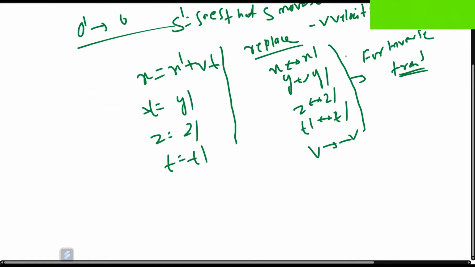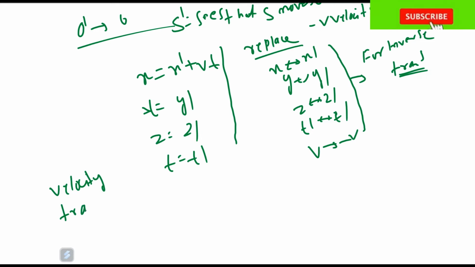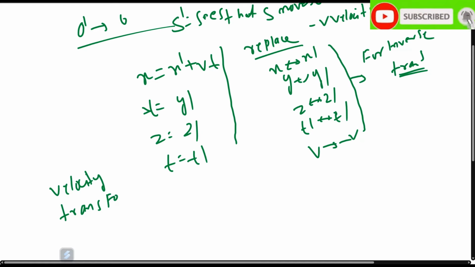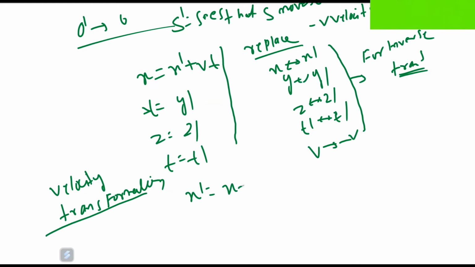Now this is regarding the position of the particle of mass m, and now you can also find velocity transformation equations. As we know, we have x prime equal to x minus vt.